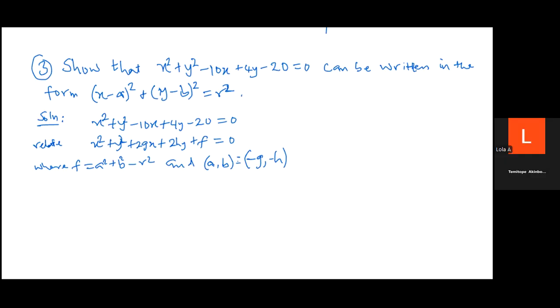So relating this first equation to this second equation that we recall, we can say that minus 10x is equal to 2gx, then 4y equals 2hy, and minus 20 equals f. Is that clear?